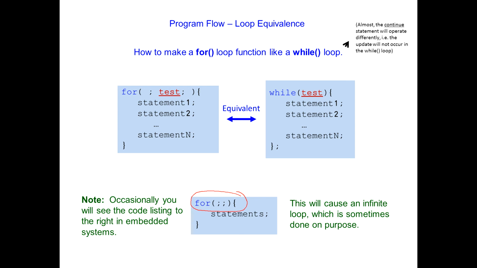This thing will just run forever. Sometimes this is done on purpose in embedded systems, because when you're writing multi-threaded tasks in a real-time operating system, these tasks are understood just to be running forever, and this is how you would set them up.